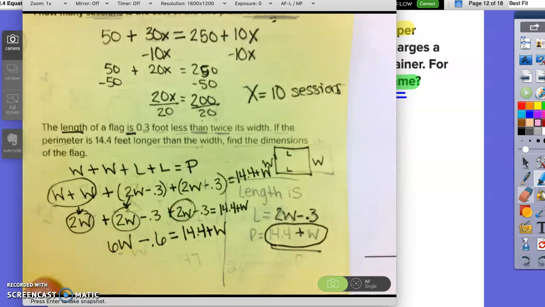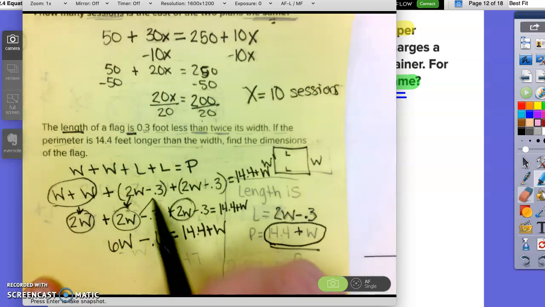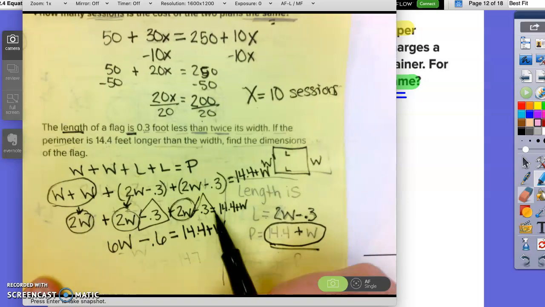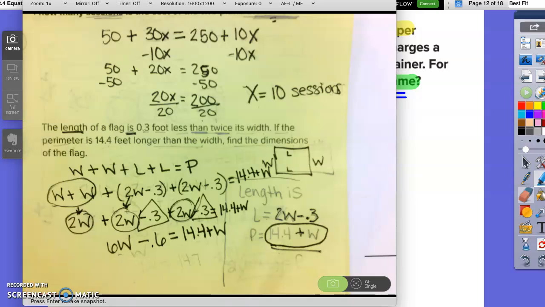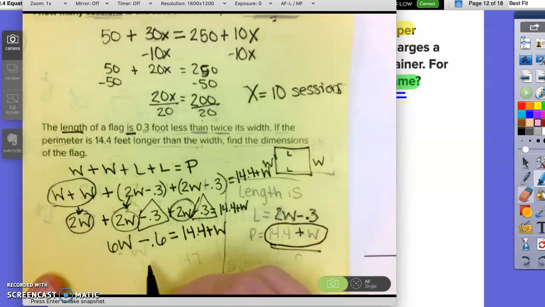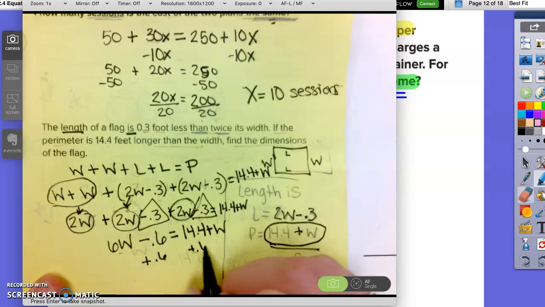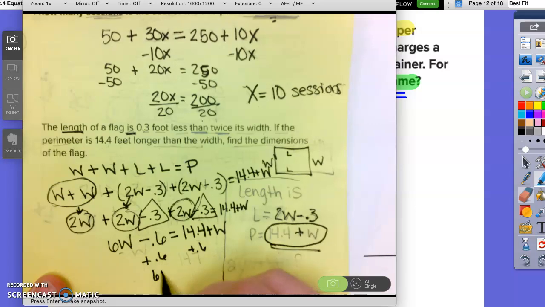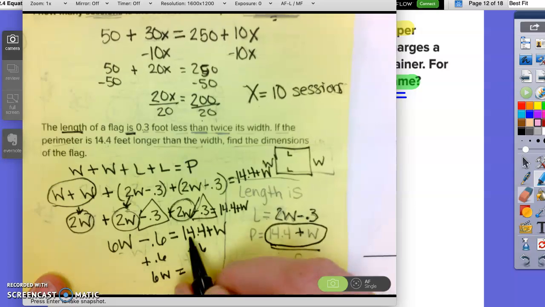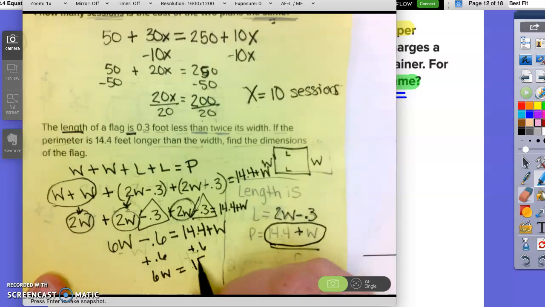So the circles are all W's. Let's put some triangles around the 0.3s. They are like terms because they're just numbers. So now I'm going to add 0.6 to both sides, and I get 6W equals 14.6 is 15.